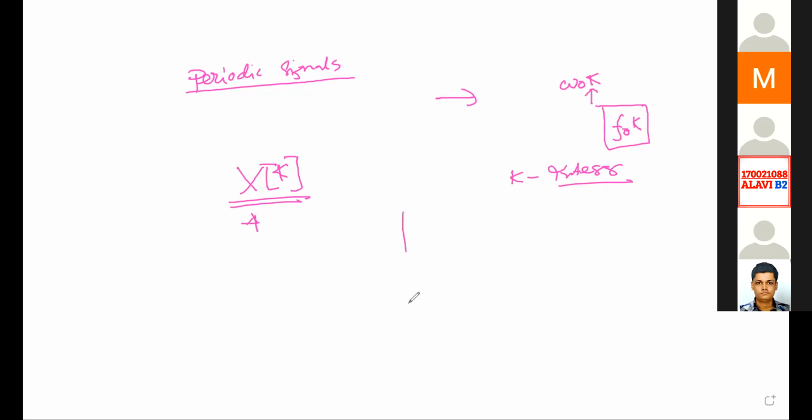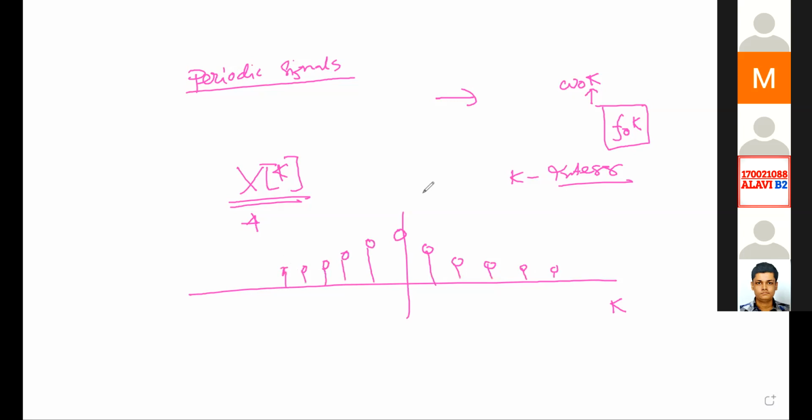What we have seen there, if we plot them, say this is your k, in the earlier example of the exponential periodic signal, you have seen that the values are something like this. Magnitude, okay? Your phase angle can also be plotted something like this. So if this is your magnitude of xk, capital X, is it not a discrete sequence of numbers with respect to k?